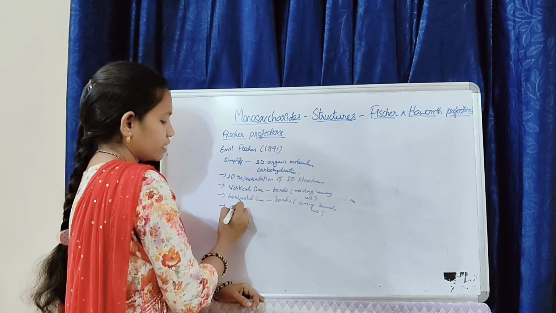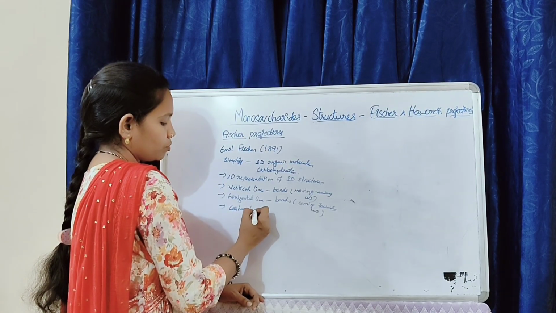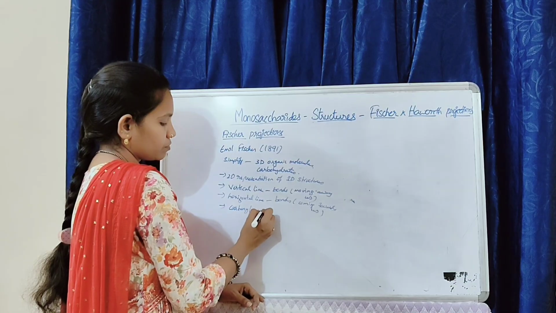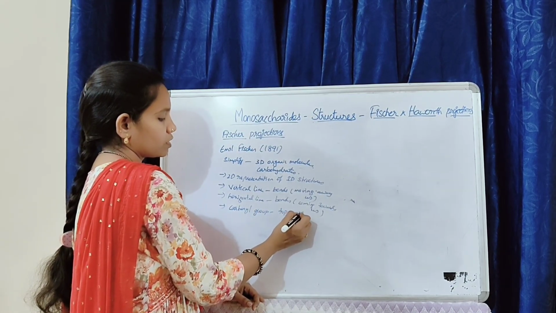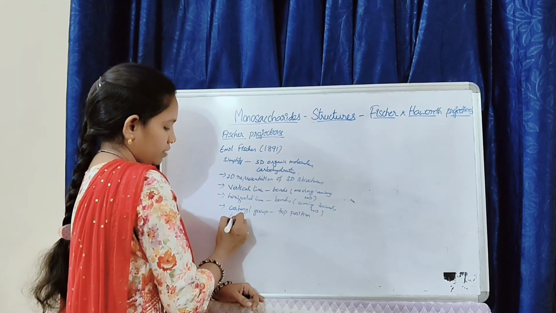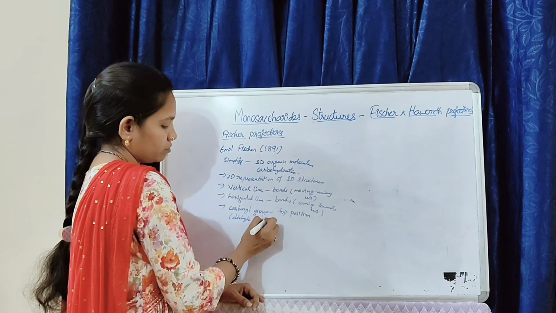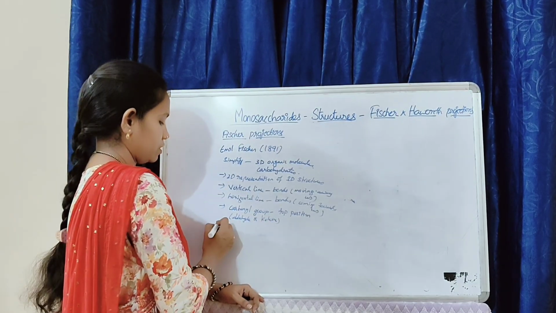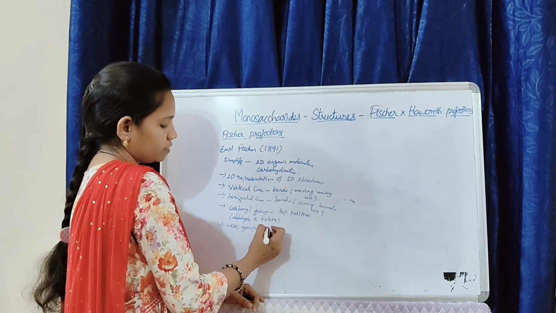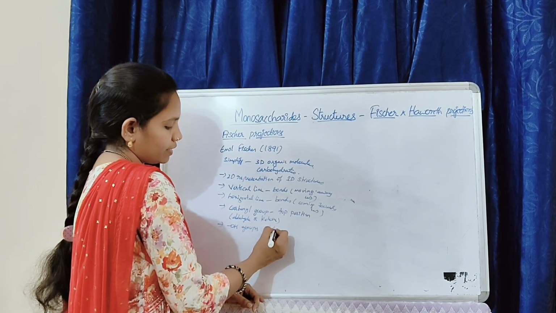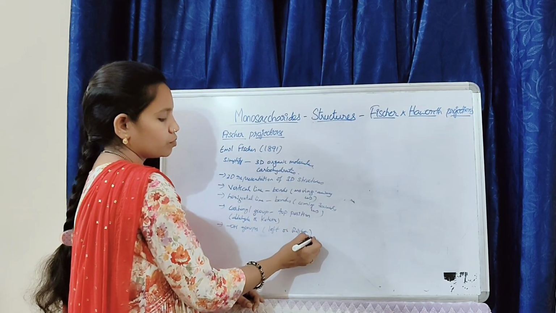And here the carbonyl group, either aldehyde or ketone, is always present at the top position. And the hydroxyl groups are present on the left or right depending upon the position.